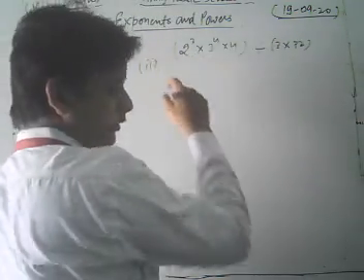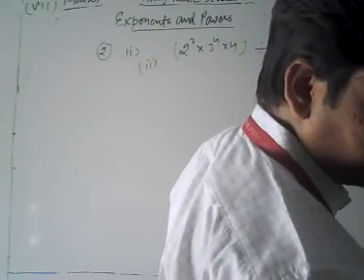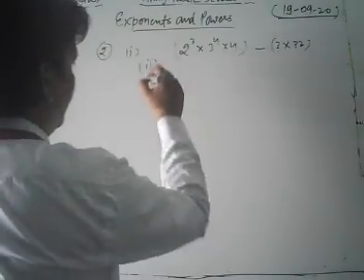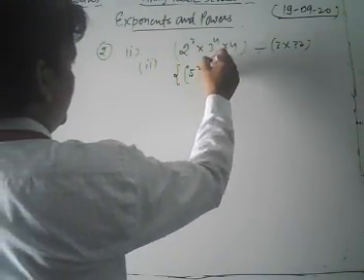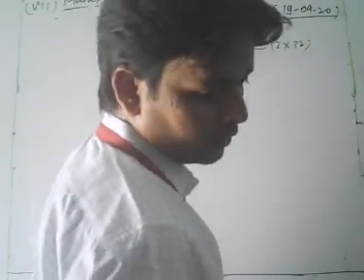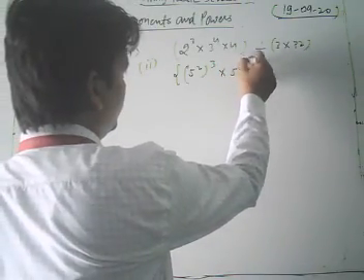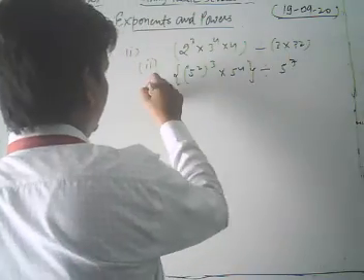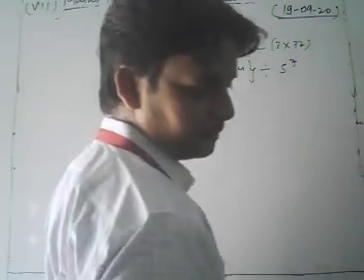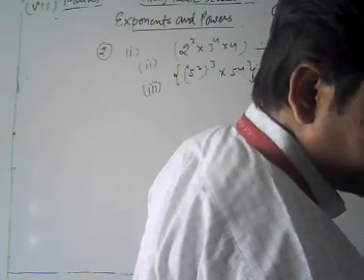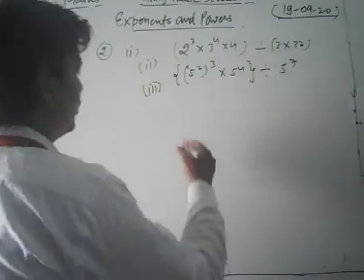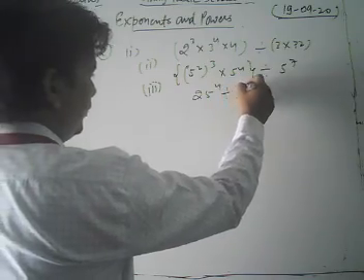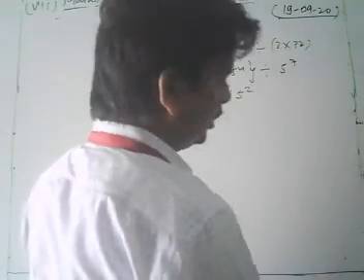The second part is (5 square) whole cube into 5 to the power 4 divided by 5 to the power 7. Now the third part of this question is 25 to the power 4 divided by 5 square, divided by 5 to the power 3.